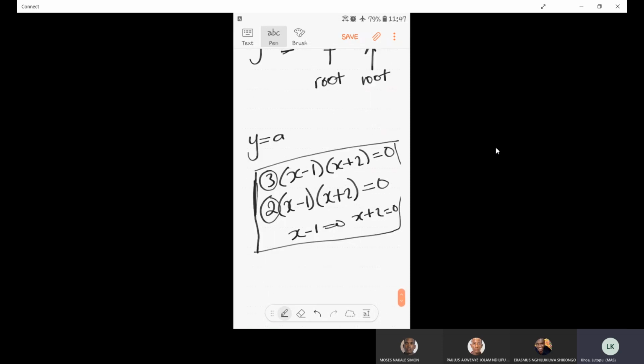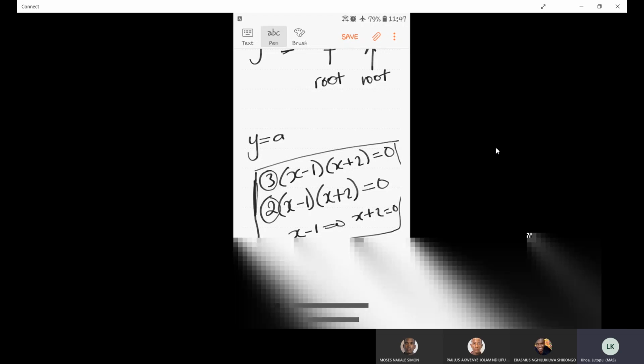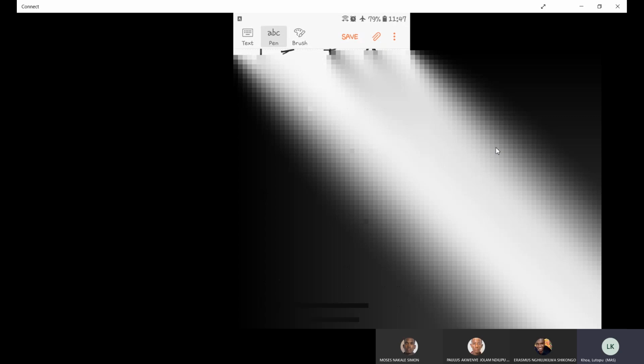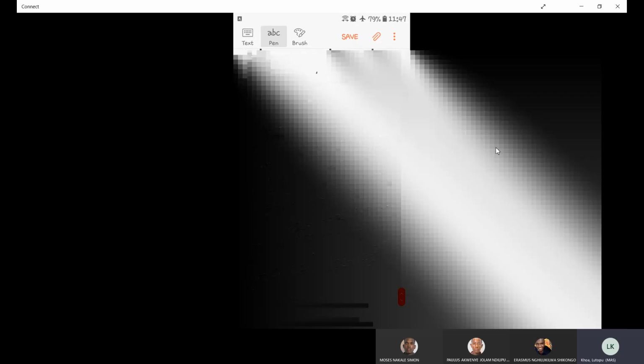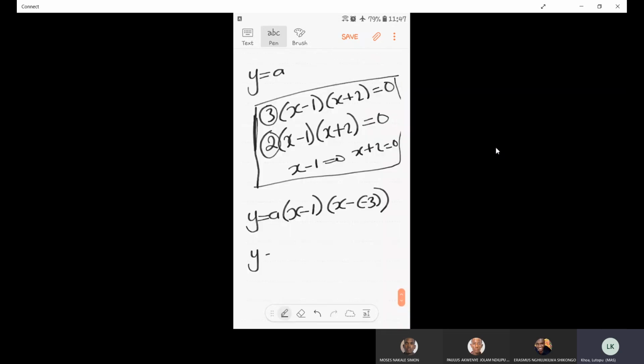So I have y is equal to a, then x minus my first root. My first root is 1, so x minus 1, and then my second root, x minus -3. I simplify this: y = a(x - 1)(x + 3).